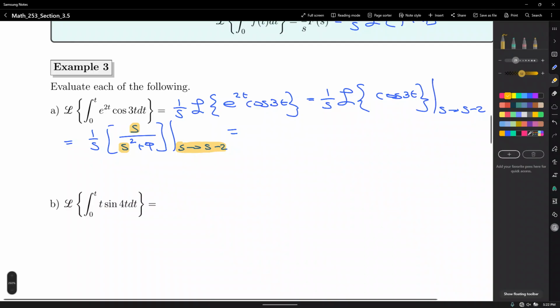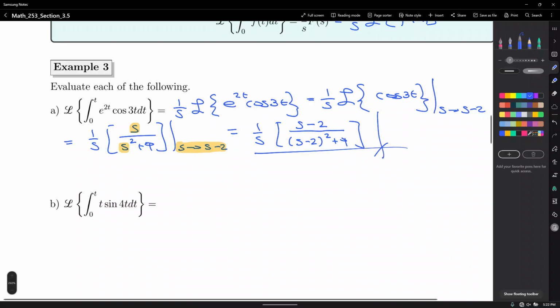That came out of the integral theorem. So this would be 1 over s times s minus 2. And that's a tricky part about this one. Be careful when you combine one like this: 1 over s minus 2 times s minus 2 squared plus 9.